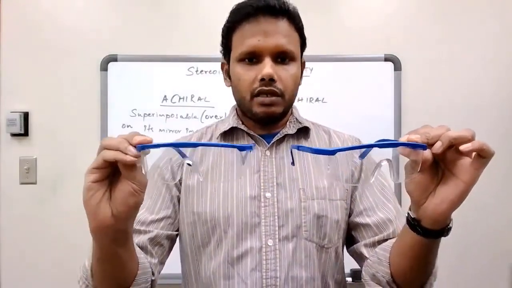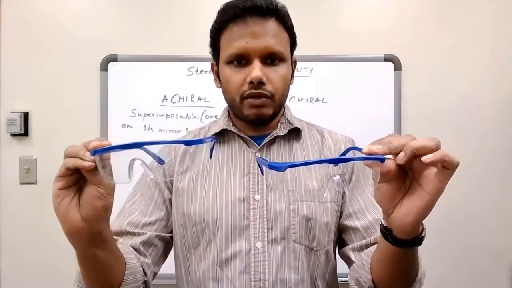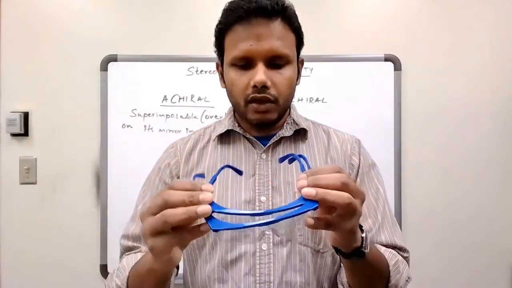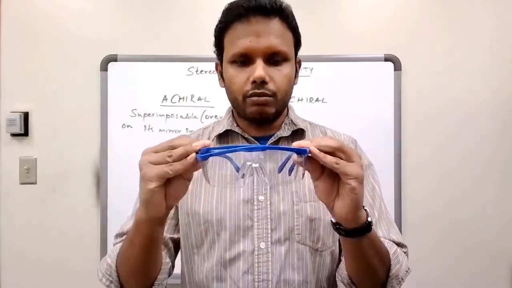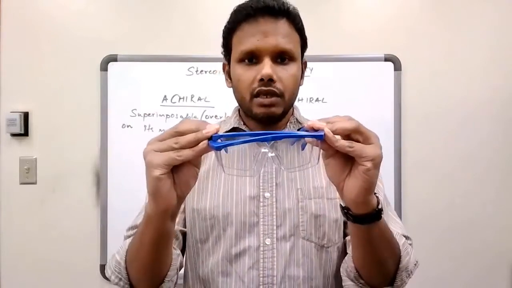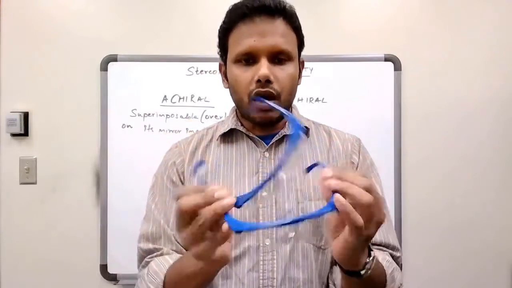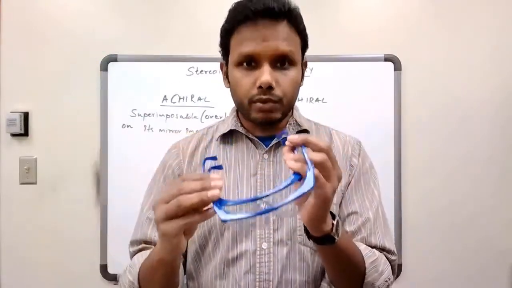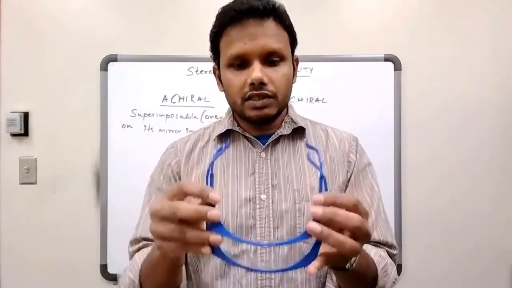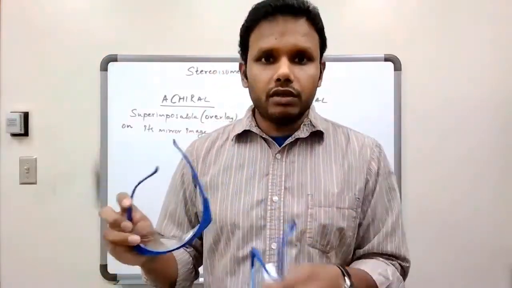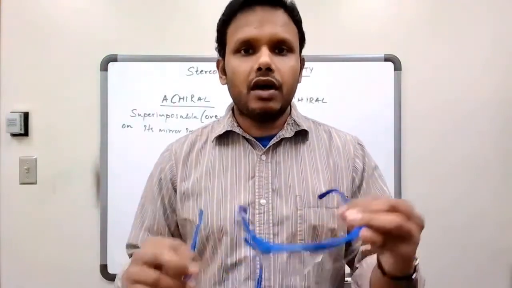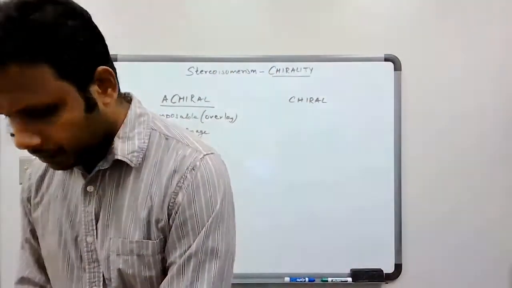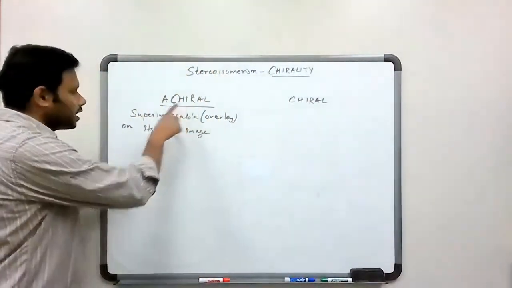Now I can take the mirror image and superimpose it on the object itself. I'm not going to force it because I don't want to break my safety glasses, but the object and its mirror image can be superimposed. So this safety glass without its label is an achiral object. This is achiral.